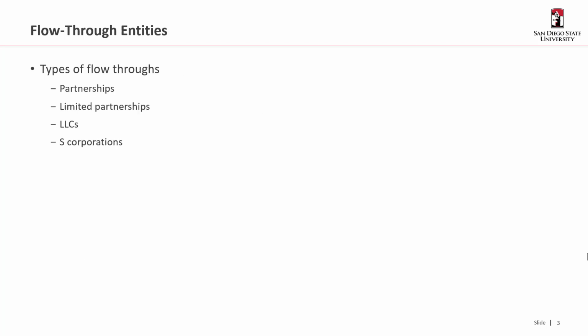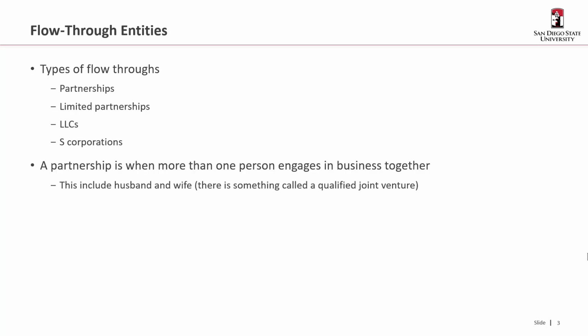So types of flow-throughs, we've seen these before: partnerships, limited partnerships, LLCs, S-corporations. A partnership is when more than one person engages in business together, and that actually includes a husband and wife. So a husband and wife, if they are in business together, that is not a sole proprietorship. That is actually a partnership.